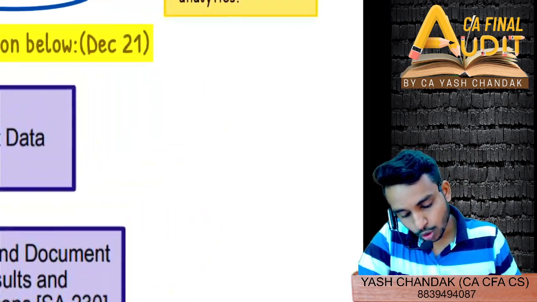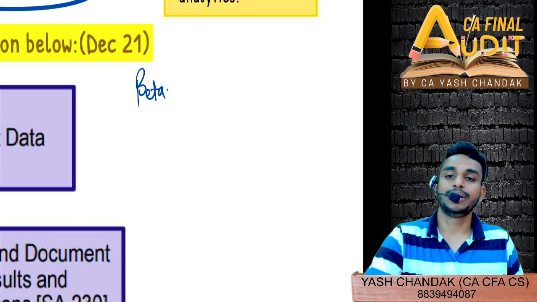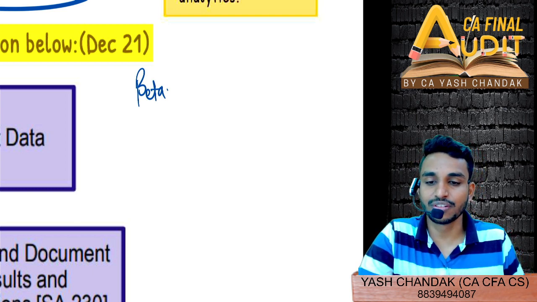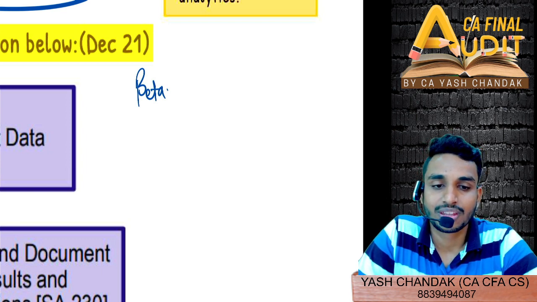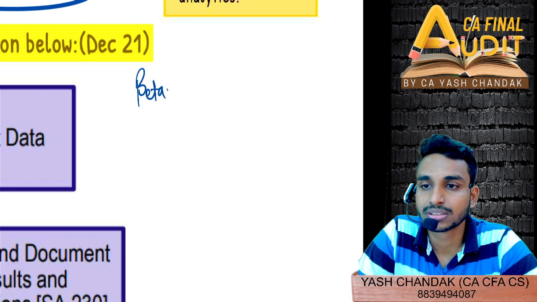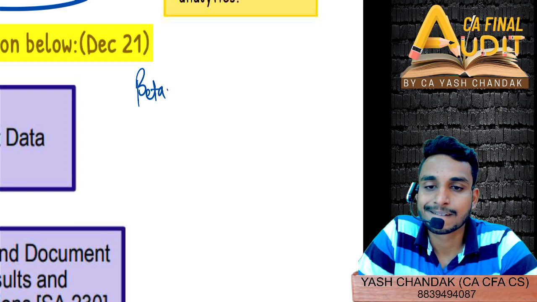Just tell me, do you remember the calculation of beta? Beta calculation. You have done SFM, right? At least once. Beta, what is the formula of beta? How do you calculate beta?